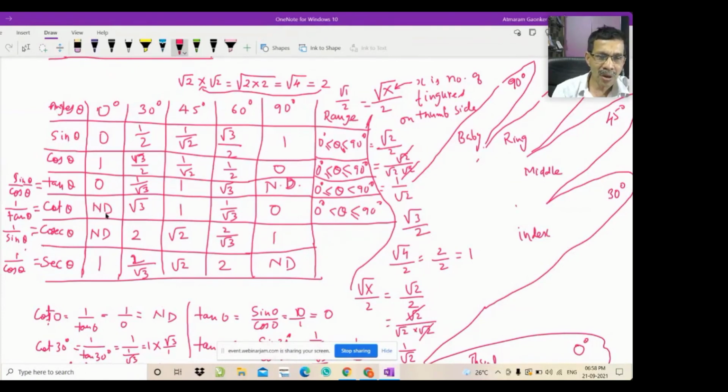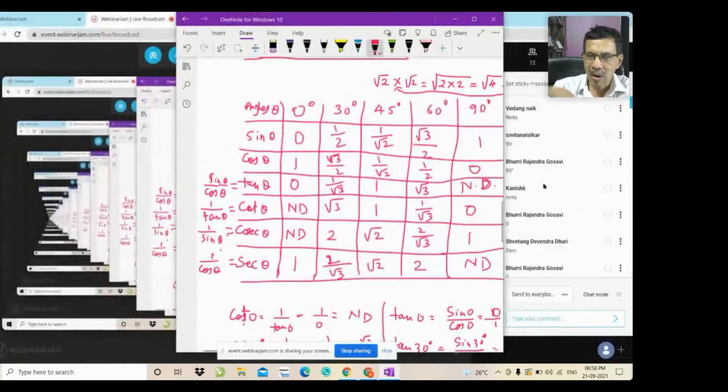Cot of 0 is not defined. So here the equal to sign is not there, meaning theta is greater than 0 and not 0. That means 0 is not included. All angles greater than 0 are included.